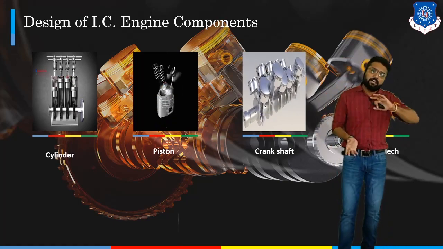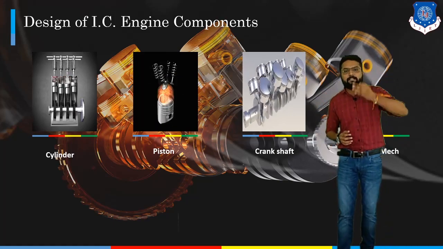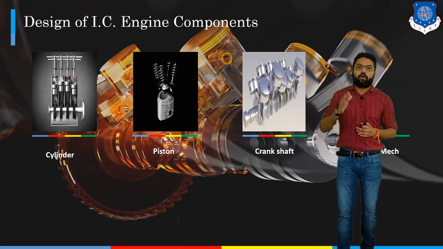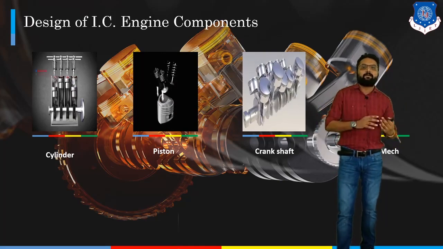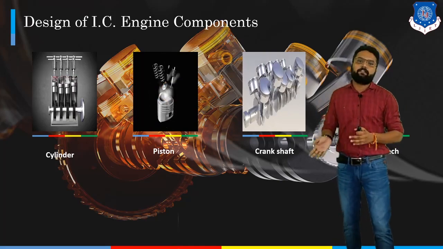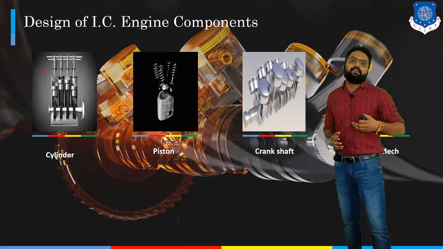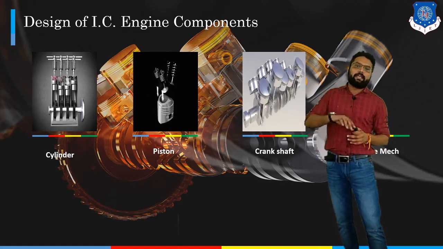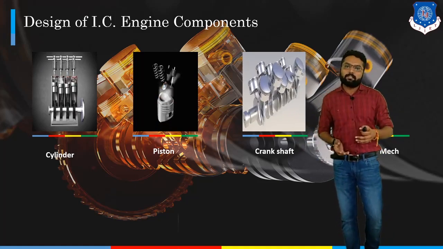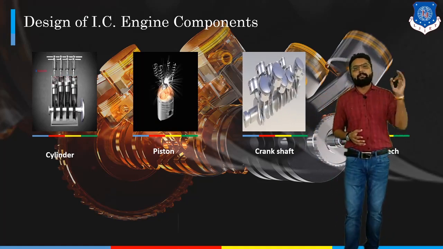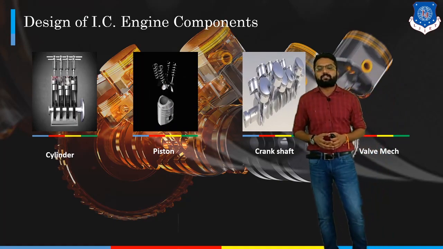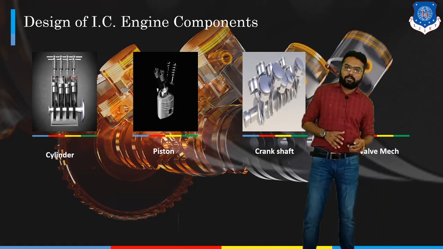Crankshaft is a component which converts the reciprocating motion of our piston into rotary motion. So it has to come under different types of stress. Also it carries a flywheel as well as a belt drive, which also creates different types of forces on our crankshaft. So ultimately it goes into complex types of stress, which are non-coplanar and non-concurrent stress.